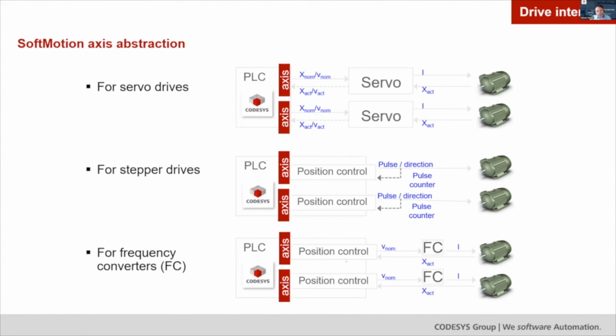Or we have the position control loop that we close here in case of frequency converters that expect a set velocity as an input, and via the encoder position that we get back, we can close the loop here. No matter what kind of architecture you or your customer select, for us it's always an abstract axis that we use in our PLC, and that makes the PLC program independent from the real hardware and the real implementation.